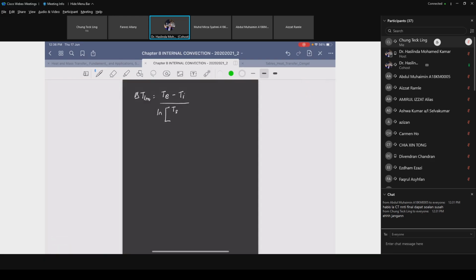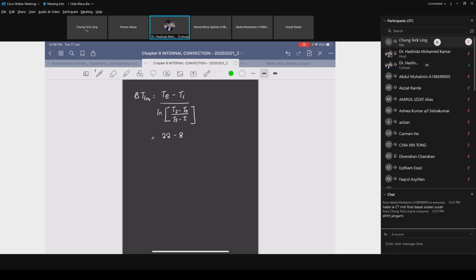TS minus TE. Alright, TS. So another lagi TS minus TI. Alright. So now your TE we know. Based on the values given in this problem, TE is 22.